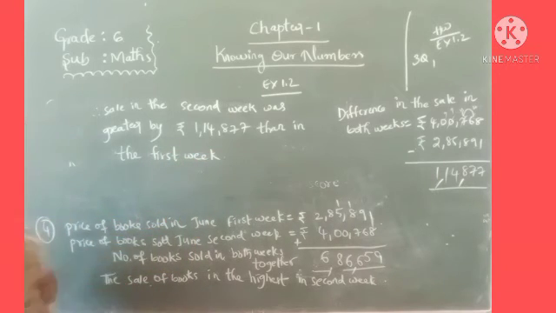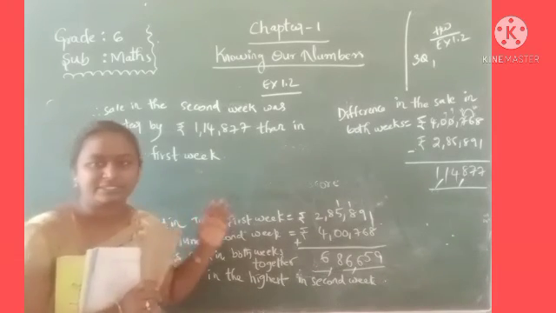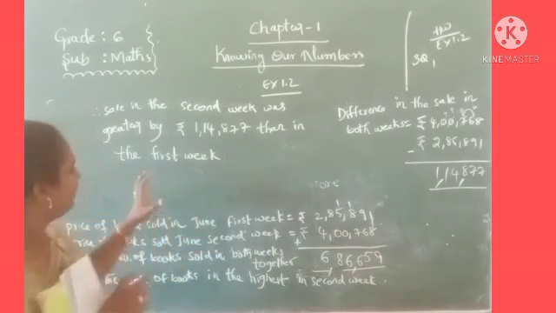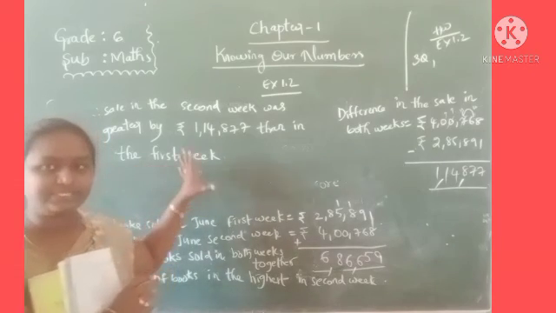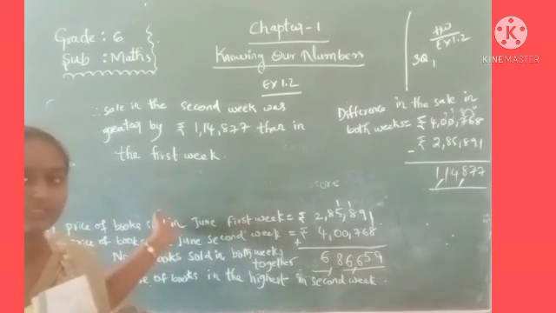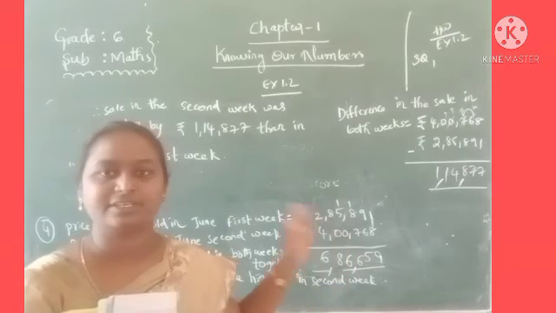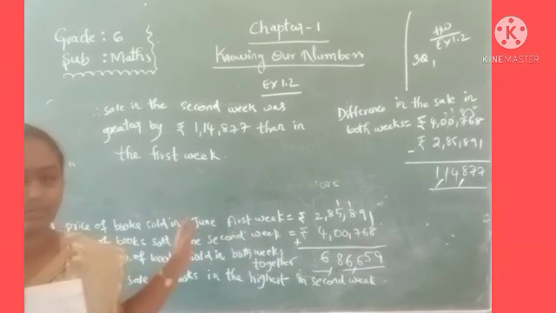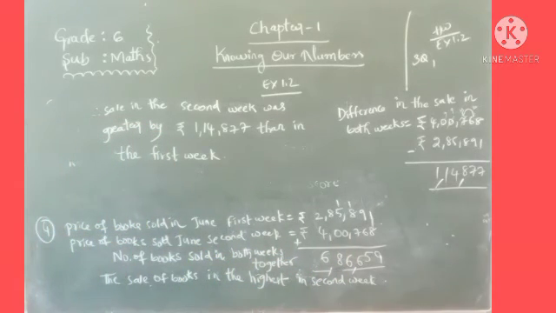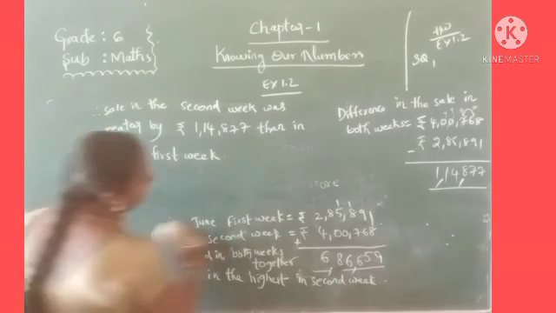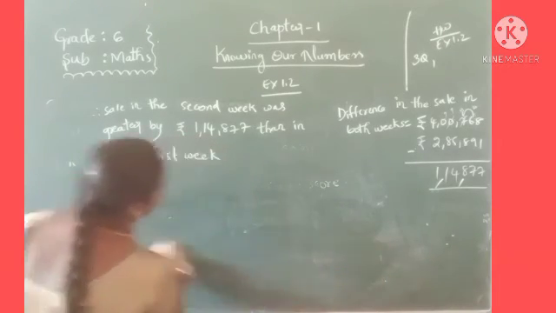Comparing to the first week, the second week has more sale, that is 1,14,877 rupees is the difference between the first week and second week. Comparison means you have to do the subtraction, right? Okay, so now let us come to the fifth question.